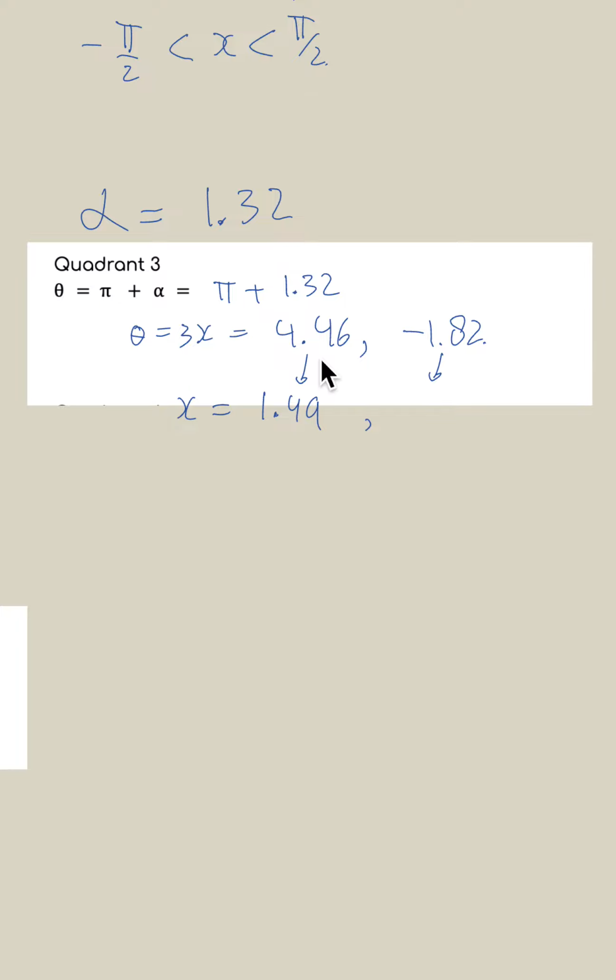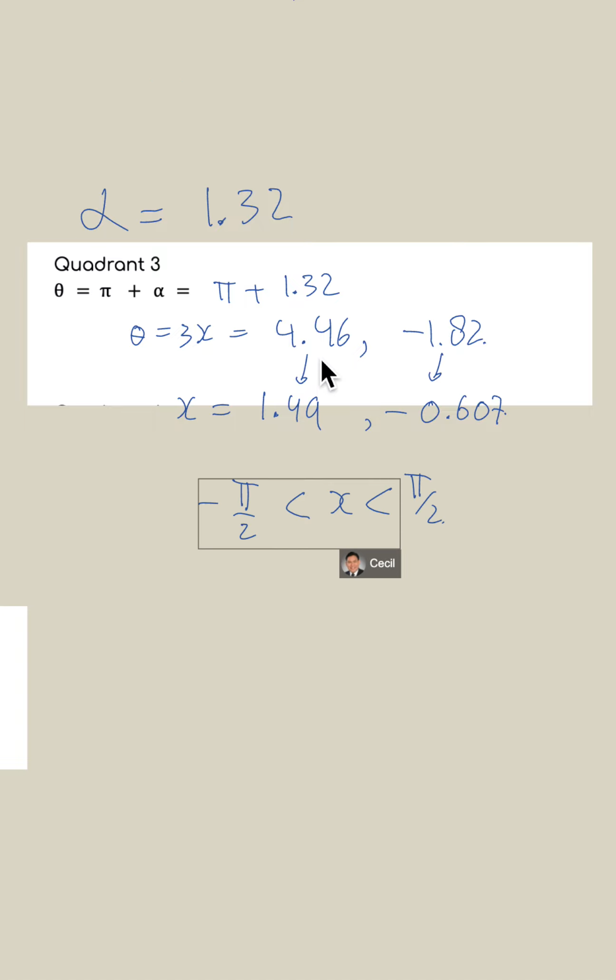Divided by 3, you get negative 0.607 radian. Is that inside the range of values of x? Yes, because pi over 2 is 1.57. So both are inside the domain.